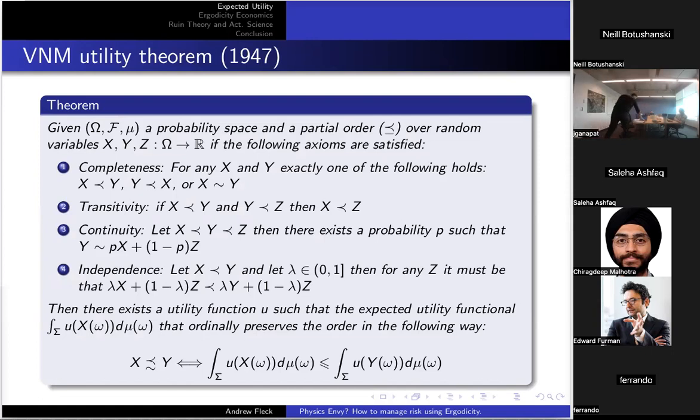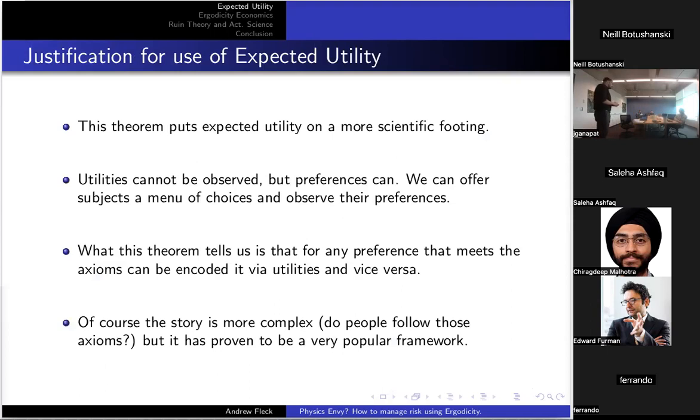If I wanted to be more scientific, I could offer people a menu of options and ask them to select between the gambles I'm offering. Then I can observe the choices they make, and I could start talking about things like utility in a more scientific way.